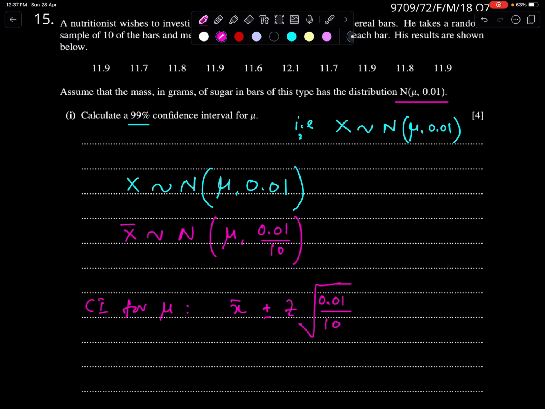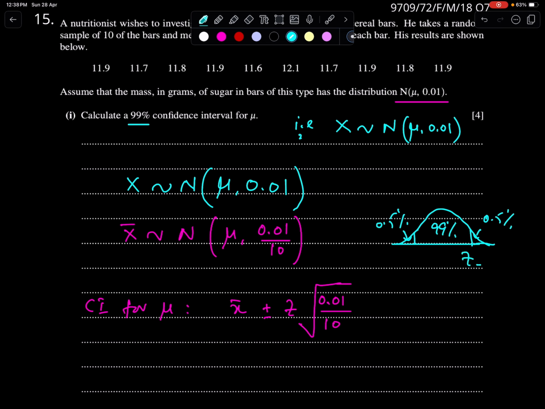Well, 99% means this area. So these two areas are 0.5% each. Therefore, this total area, the lower tail area, is 99.5%.